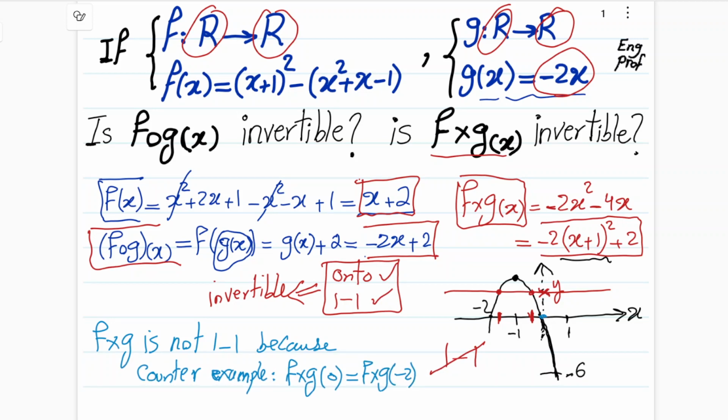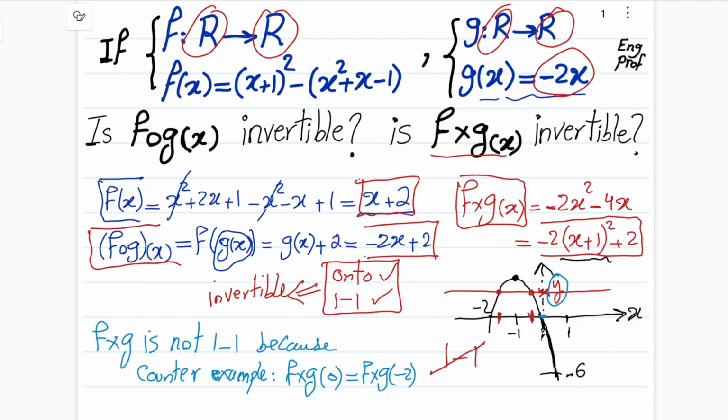And since we have two different x values mapped to the same y value, y meaning the product of f and g, that is exactly the counterexample for the one-to-one scenario.